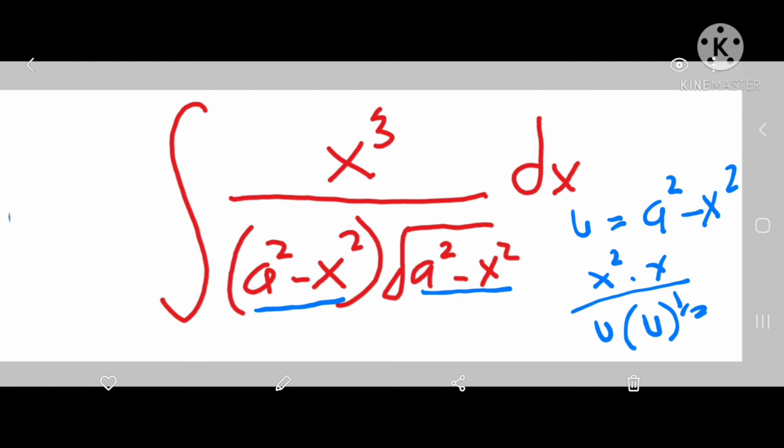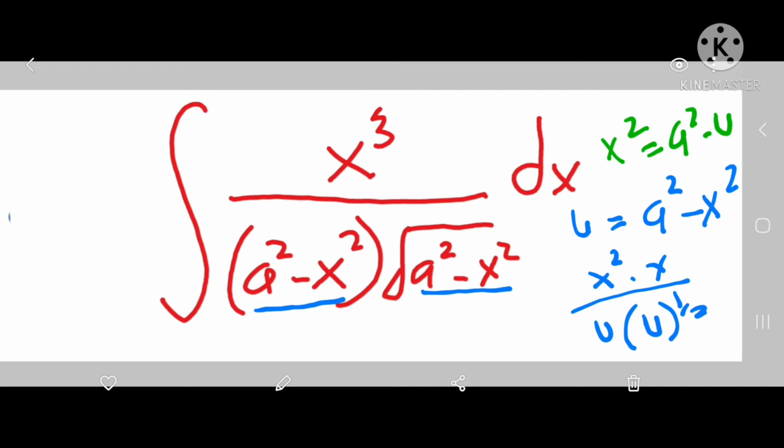Remember that, making x squared the subject, we have x squared equals a squared minus u. So we use this substitution to solve the whole thing.